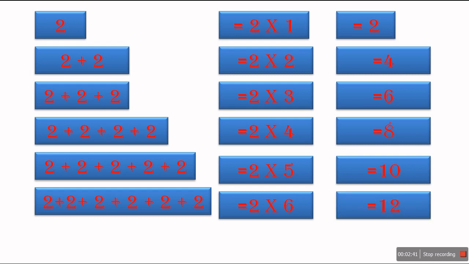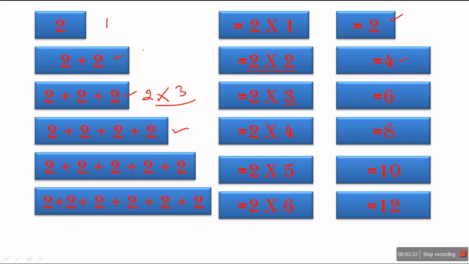So in this example you have observed that when 2 is added one time, the answer is 2. When 2 is repeatedly added, we can write it like multiplication. So 2 plus 2 or 2 into 2 is 4. In this case 2 is added 3 times, so this expression can be written like this, and the answer is 6.